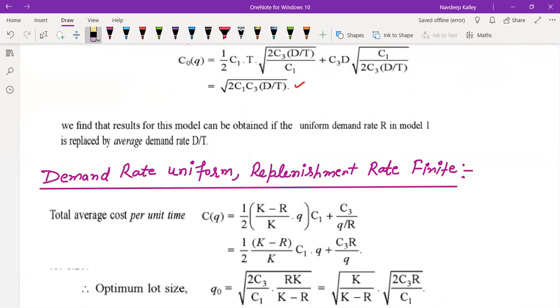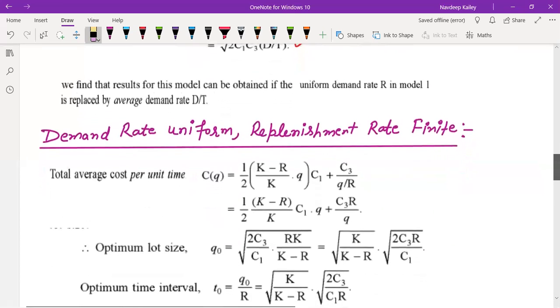The entire quantity ordered was delivered in a single lot. This is possible only for bought out items and is simply unthinkable for manufactured items. Therefore, we have now a model of the third type, that is, the model with demand rate uniform and replenishment rate finite.